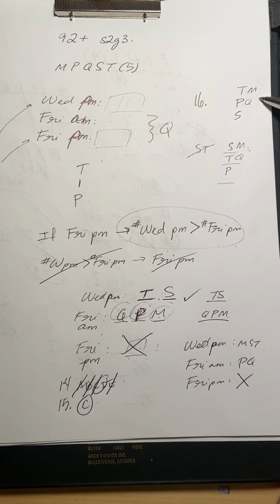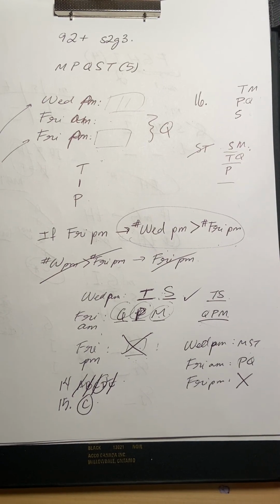M Friday morning wouldn't work in either of these. M Friday afternoon isn't going to work in either of these. Q Friday afternoon also wouldn't work. And no one in Friday afternoon? Yeah, that's not going to happen, right?